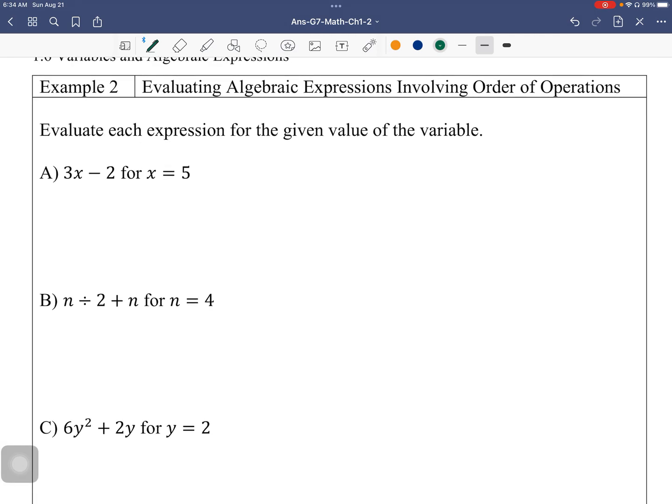Okay, so evaluate each expression for the given value of the variable. When x equals 5, 3 times 5 minus 2 is 15 minus 2, which is 13. Now I plug in n equals 4, so we get 4 divided by 2 plus 4, so this is 6.